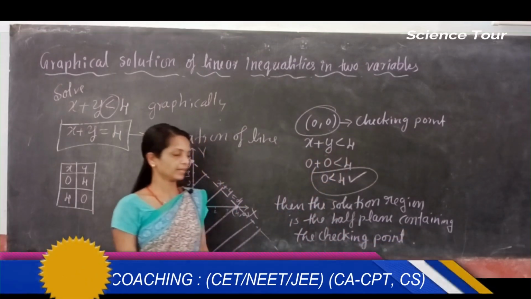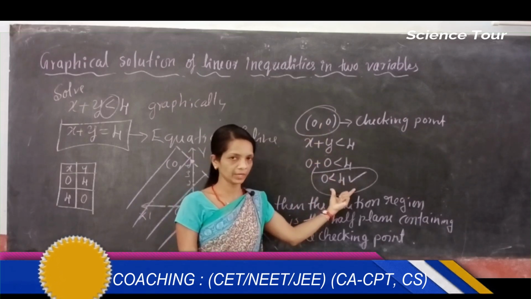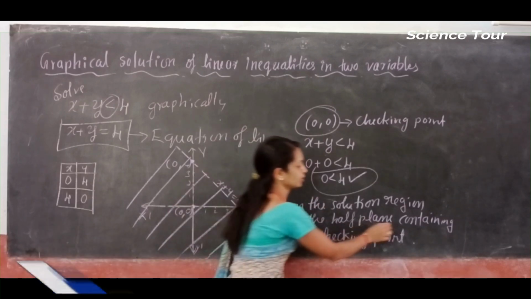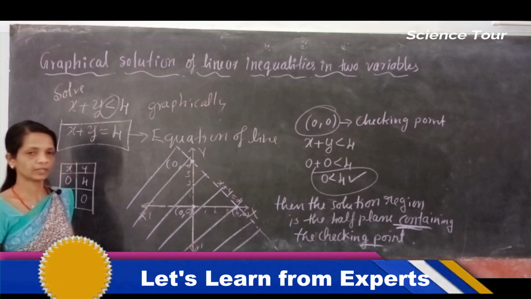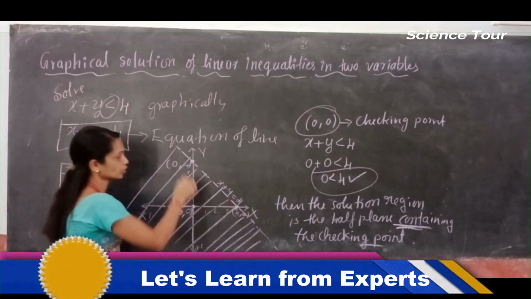So while simplifying the inequality for a checking point, if you get a correct inequality, always you have to shade the half plane containing the checking point, and that shaded half plane will be the solution region.